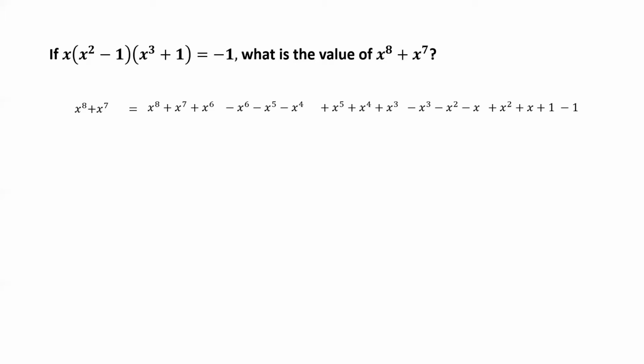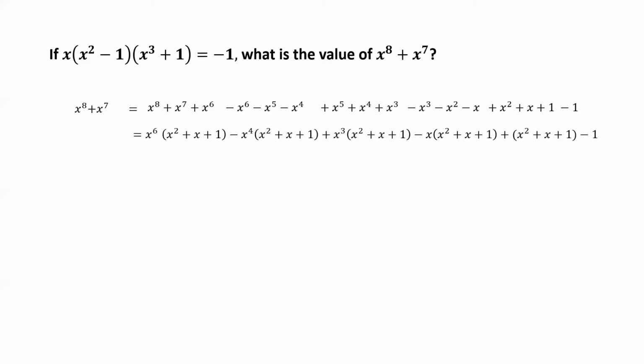I have added a 1, so I subtract 1. So this all comes down to the simple two-term expression x to the power 8 plus x to the power 7, but I have expanded it out and arranged it in descending exponents of x, and try to see whether I can come up with something from here in terms of creating some factorization.